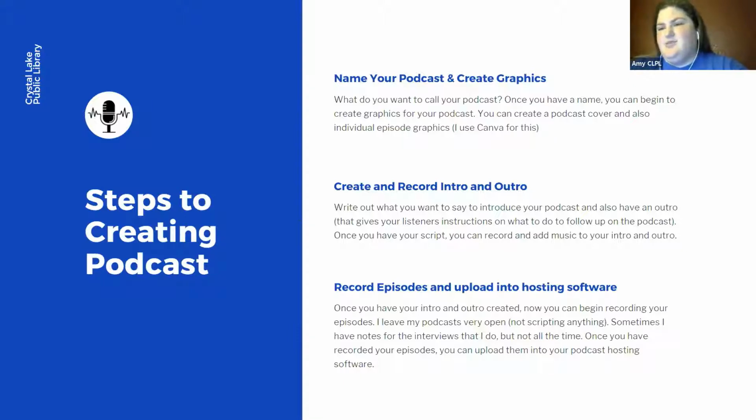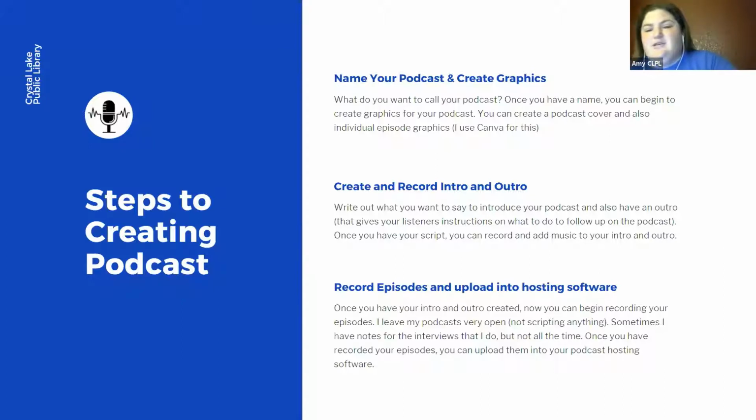That's a simple search in either Spotify or Apple Podcasts. If the name you wanted has already been taken, you can figure out a similar name, and then you can create graphics in Canva, and on the next slide, I will show you how to use Canva.